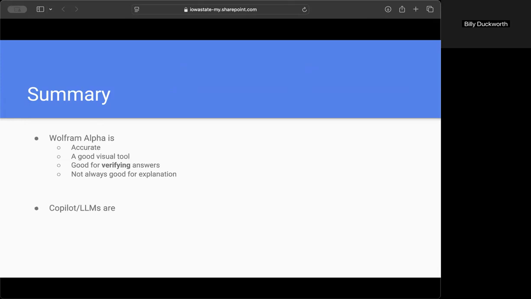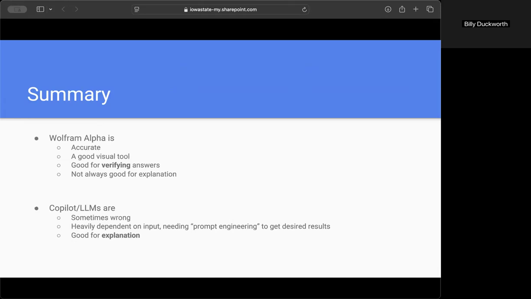So, what is Copilot or the other large language models good for? Well, something it's not good for is that it can be wrong, and you should be suspicious of it at all times when you're trying to get it to do math. It's extremely sensitive to exactly what you say to it, so you have to do all this prompt engineering to try to get the exact result you're looking for.